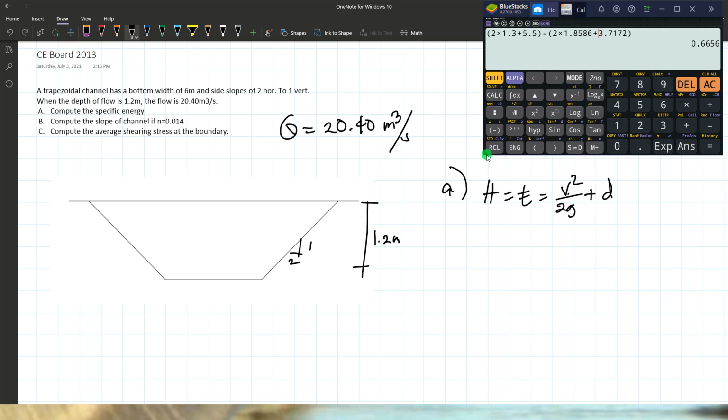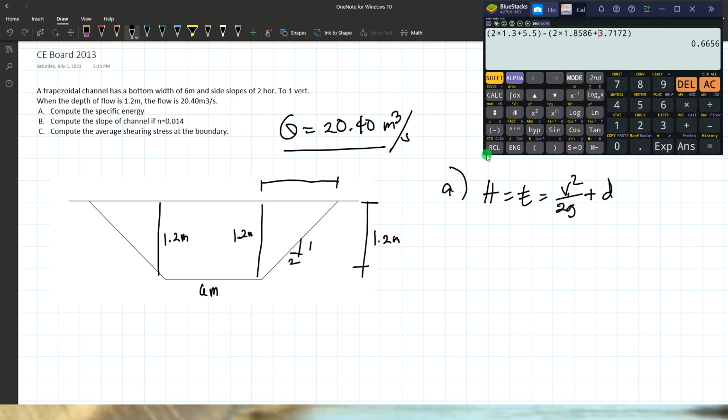We don't have yet the velocity, but since we have Q here and the depth 1.2, and the bottom width 6 meters, we can determine the total dimension of this trapezoidal channel.